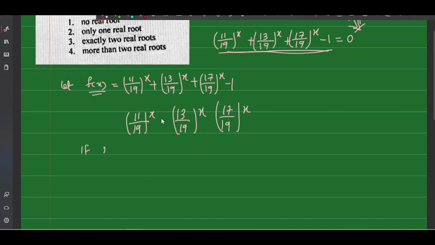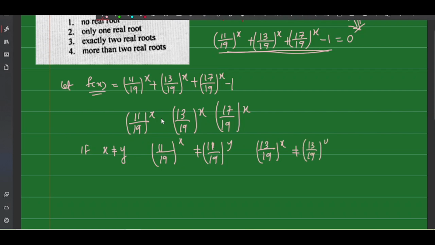If x is not equal to y, then (11 by 19) raised to x is not equal to (11 by 19) raised to y. This is true. Also, (13 by 19) raised to x is not equal to (13 by 19) raised to y. In the same way, (17 by 19) raised to x is not equal to (17 by 19) raised to y.